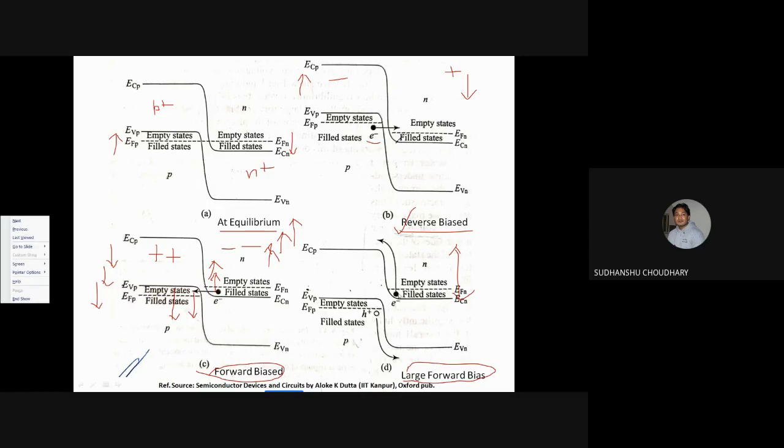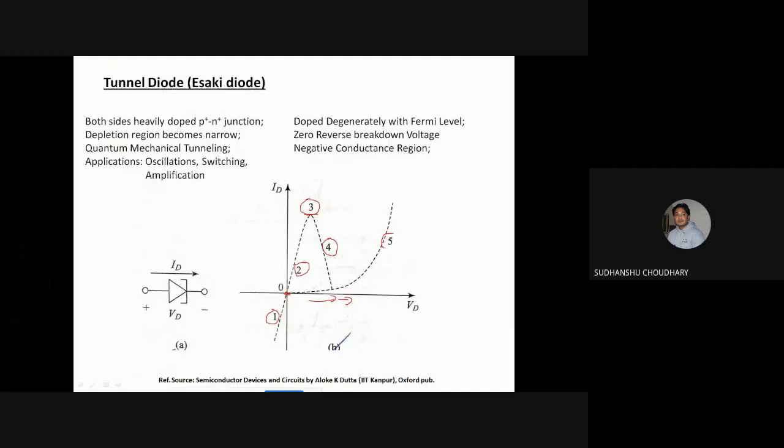Tunneling cannot happen now, of course, because the forward bias is very large, but the diffusion of carriers from N side to P side can happen now because this barrier has reduced because of the large forward bias. So now the diffusion of electrons from N side to P side dominates and tunneling is zero. This is represented by number 5 over here.